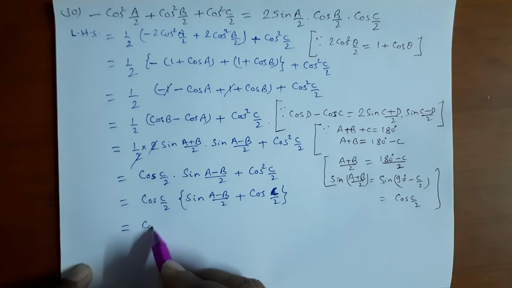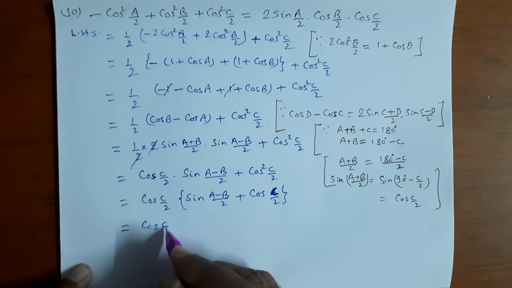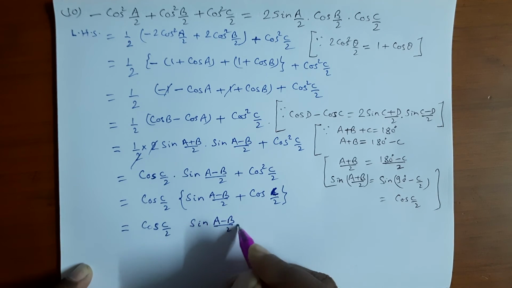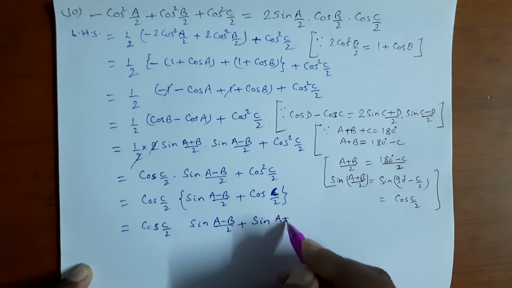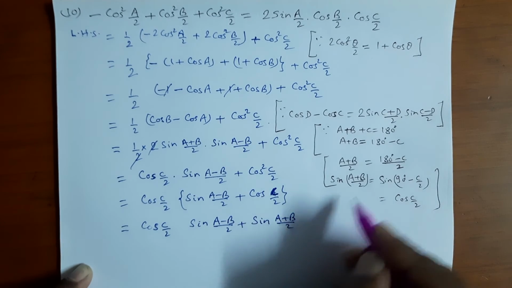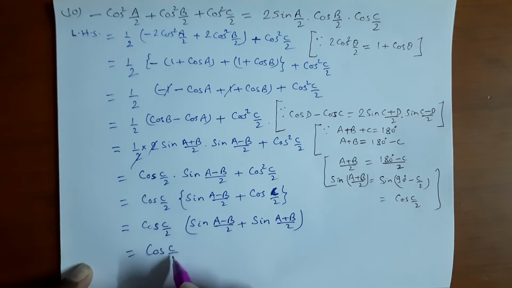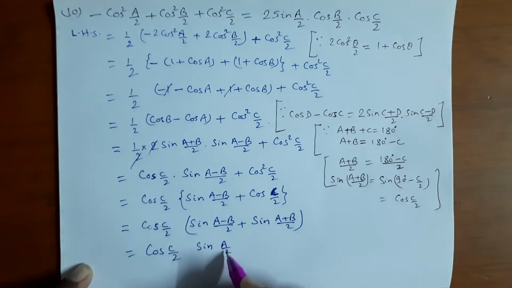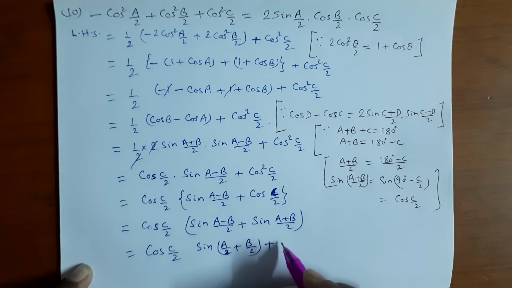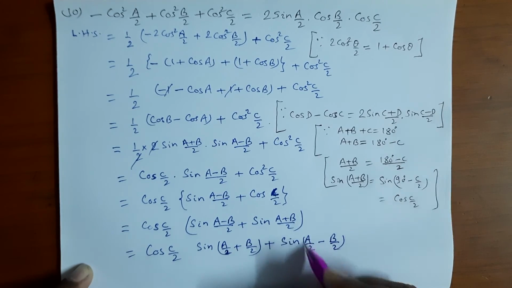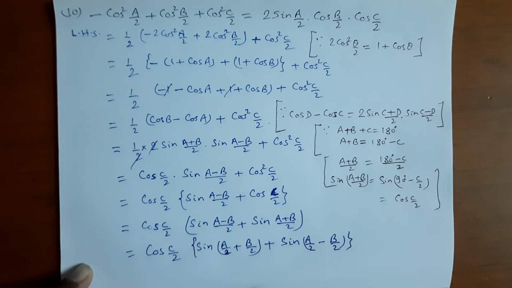This equals cos c/2 times {sine (a minus b)/2 plus sine (a plus b)/2}, where we write sine (a/2 plus b/2) and sine (a/2 minus b/2) inside curly brackets.